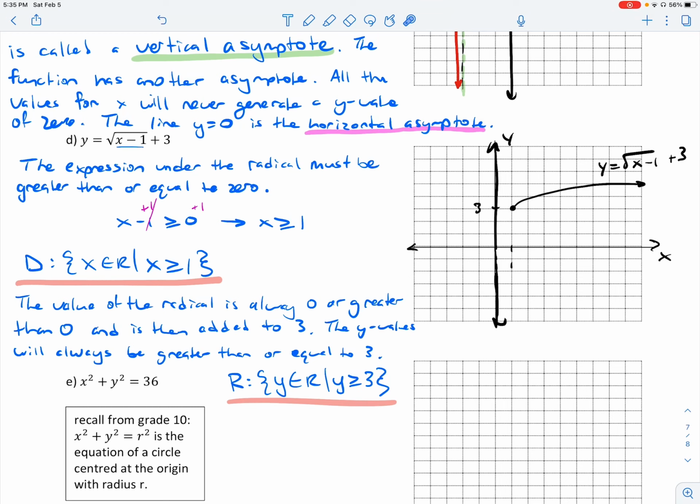The y values have to do with the range. My output for this function, because this is going this way and extending out, I'm going to use every y value from here onwards and up. Yes, this graph does grow faster horizontally than it does vertically because it's a square root function, but it's still going to keep going upwards to infinity.